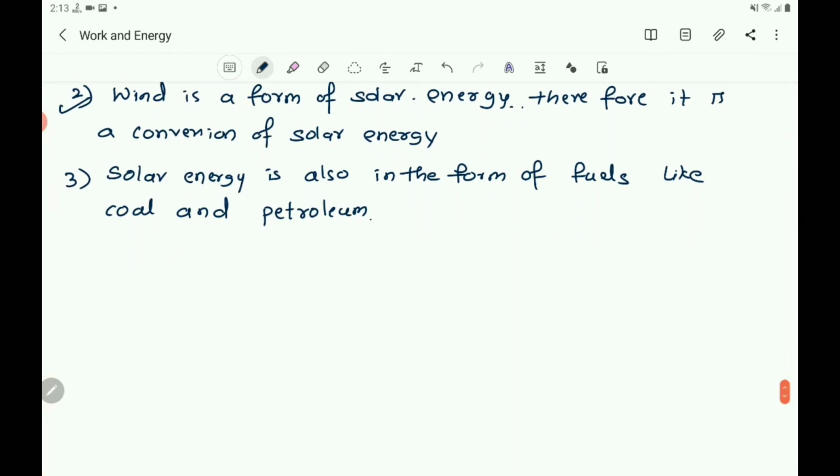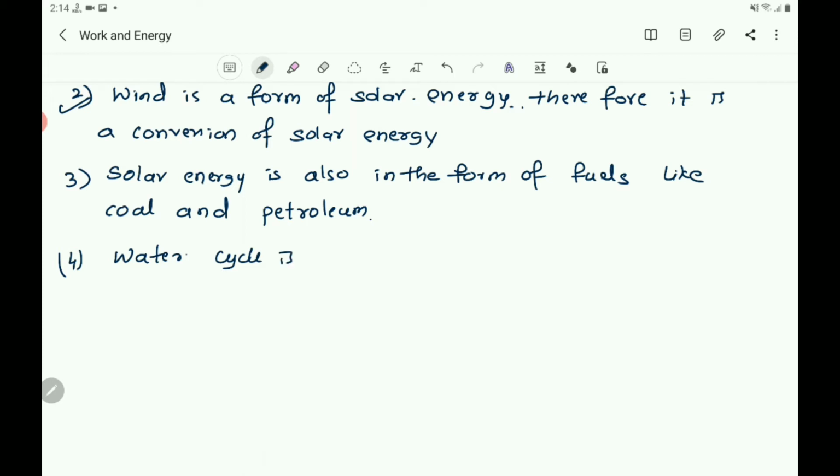And also in the water cycle, there is a conversion of energy. That is also a conversion of solar energy. You know that here, due to the heat of the sun, water bodies evaporate to form the clouds, and rain forms. Again rain enters into the water bodies. Again water bodies evaporate. In this way the water cycle takes place. That is also because of solar energy. So, take the water cycle.